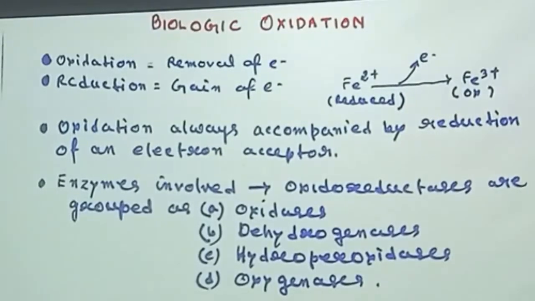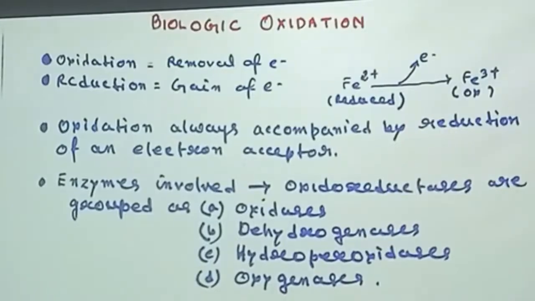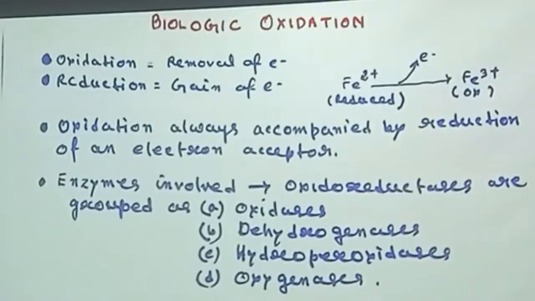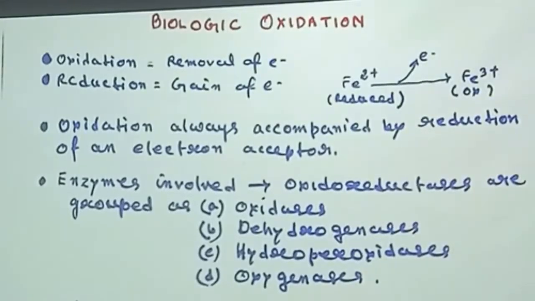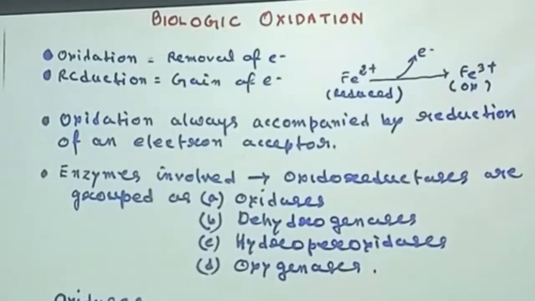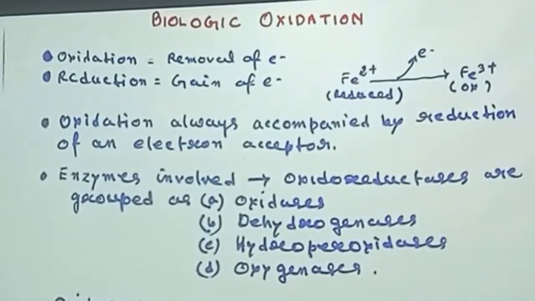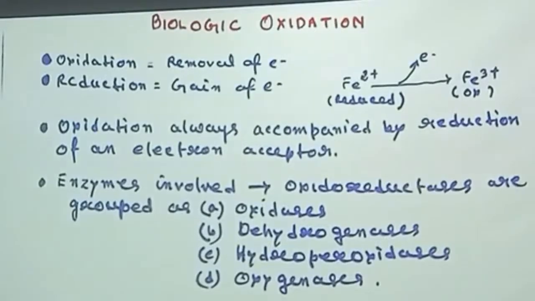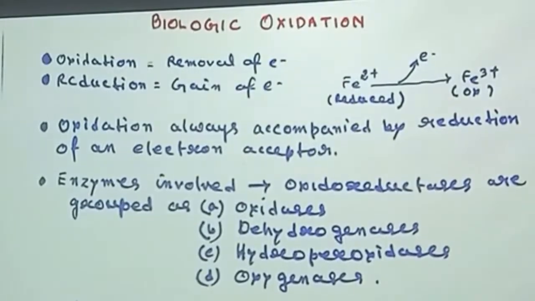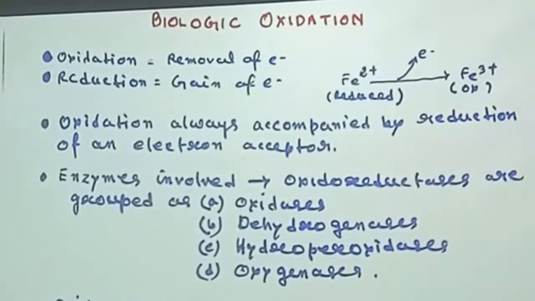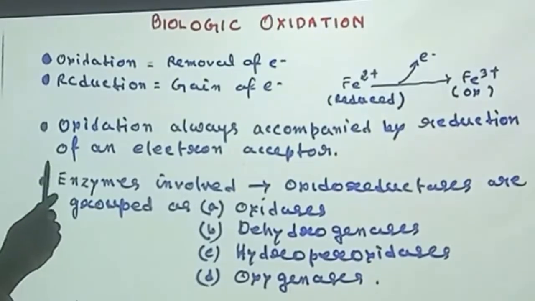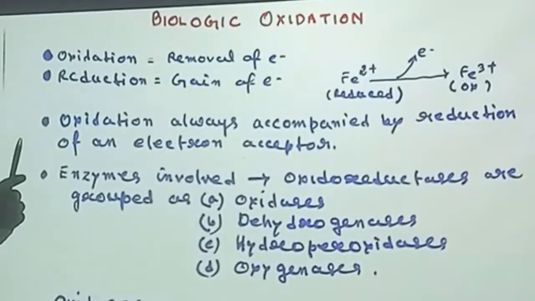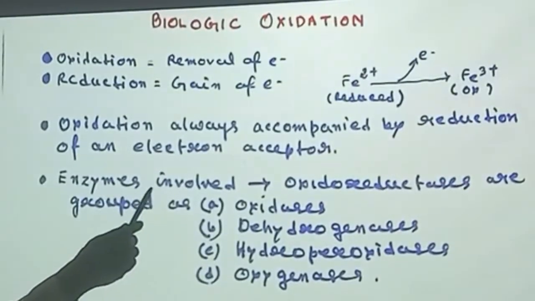Before we go on to learn how ATP is synthesized in our body, we should know how the foodstuffs are ultimately oxidized. What are the different ways oxidation happens in our body? So we go to the basics, elementary physics: what is the definition of oxidation? Oxidation is the removal of electron, and subsequently reduction is the gain of electron.